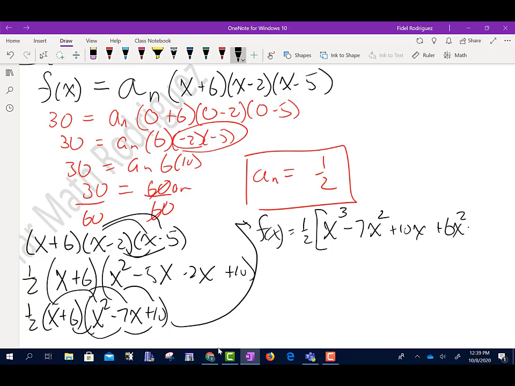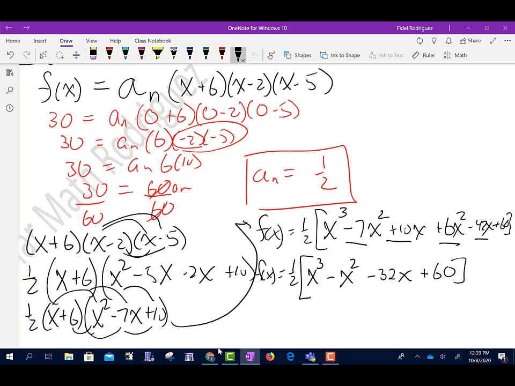Let's see, minus 42x plus 60. Okay. So f of x equals 1/2 x to the third. Let's see, minus 7x squared and plus 6x squared is a minus x squared. Plus 10 minus 42 is a minus 32x. And then we still have a plus 60.